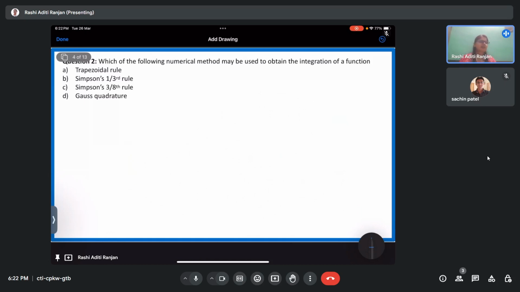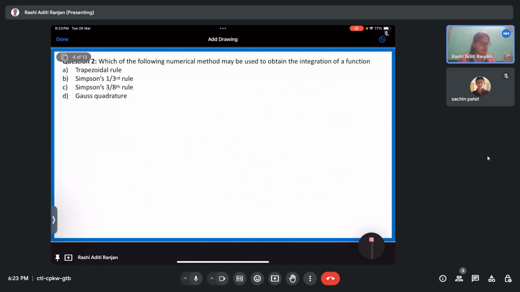It comes with a very basic concept: when we talk about integration of a function, for example, if I have the axis like this and a function like this, what do we actually do when we integrate this function? We actually find the area under the curve. This is taught in the senior secondary classes.